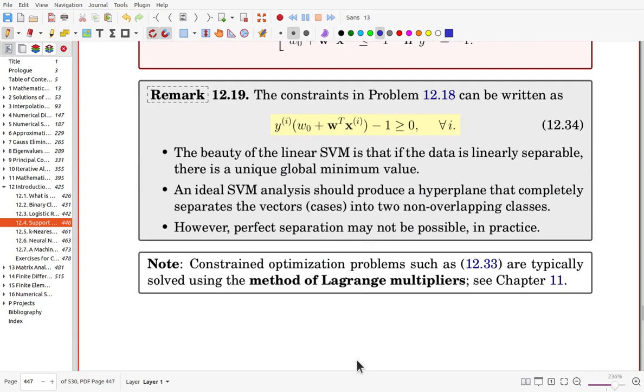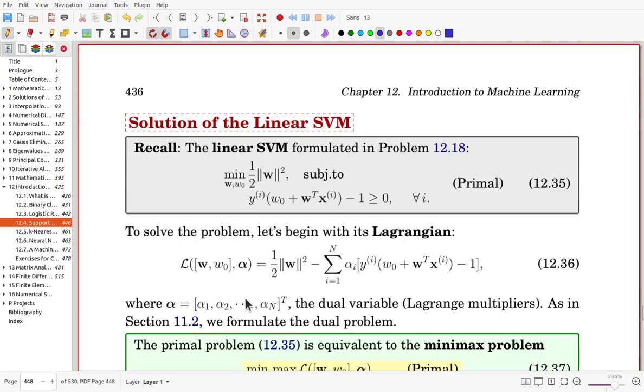Okay. So we have to solve the constrained optimization problem, and we can use the method of Lagrange multipliers. You learned this technique already. Now here we recall the linear support vector machine in this way.